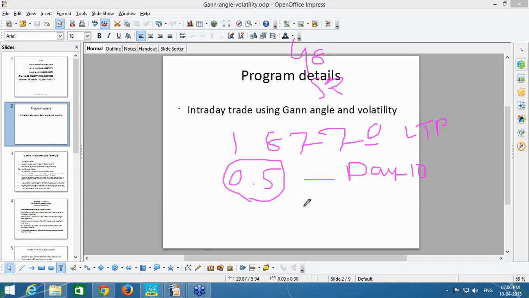So simply, we take 0.5 multiplied by 8770 divided by 100, because it is in percentage form. So tomorrow, or the next trading session, it is going to give us 43.85, rounded to 44. So 44 price points it is going to move.